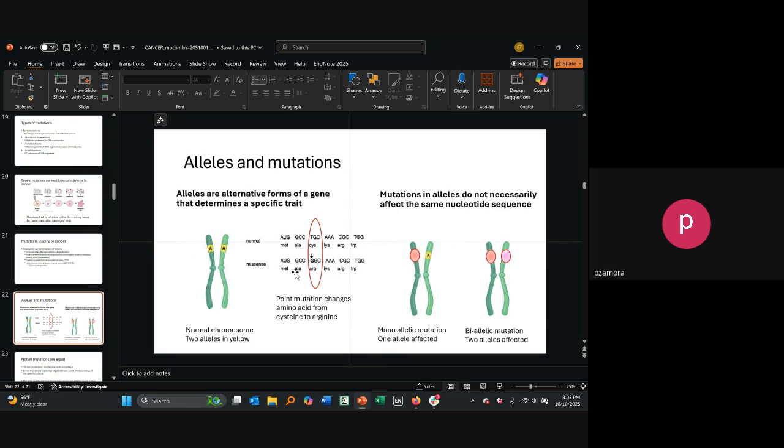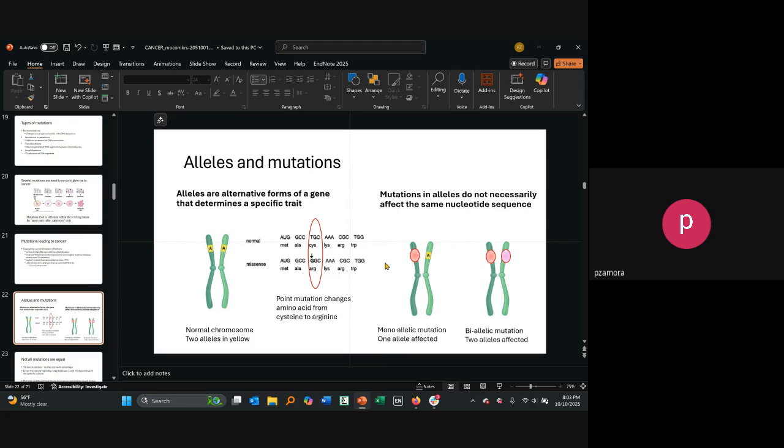It's taking something that most of the time does not have a charge, which is the cysteine, and turning it into an arginine, which is a very basic amino acid in its side chain. That can have profound alterations in the overall three-dimensional structure of the protein.